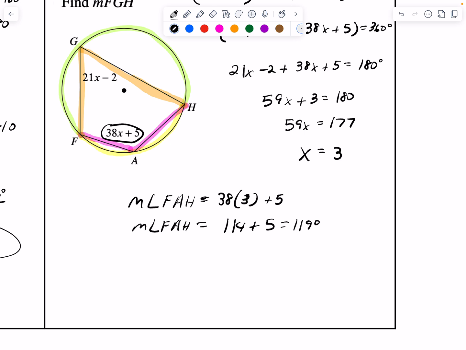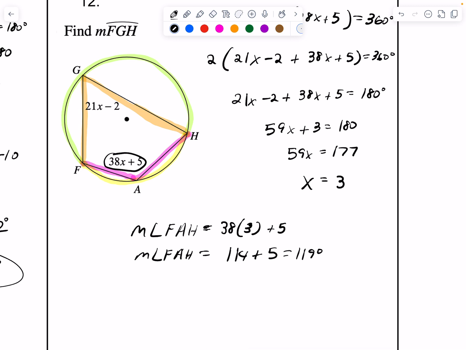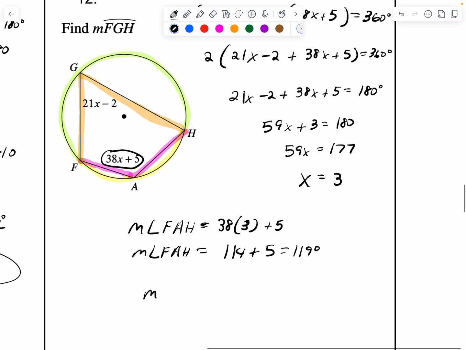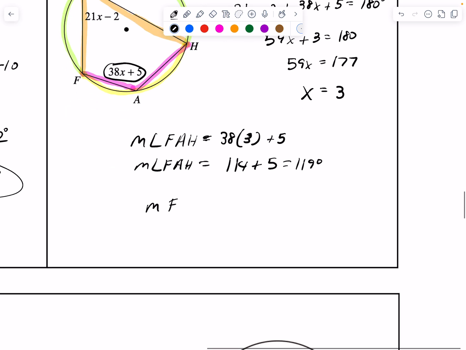And if I'm going from an angle to the intercepted arc, I need to double it, so multiply by 2. So the measure of arc FGH equals 2 times 119, which is, if it was 120, times 2 would be 240, but it's 1 less than that, so take away 2. So the answer is 238 degrees.